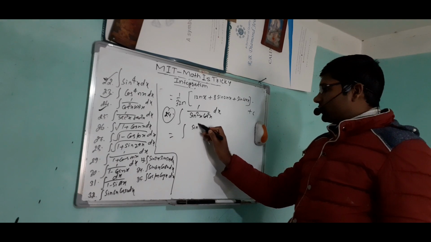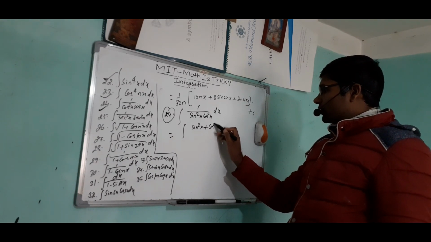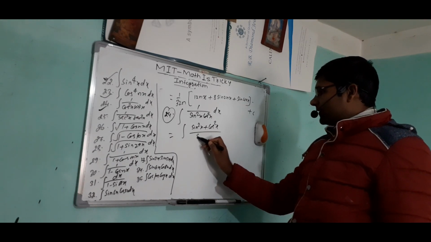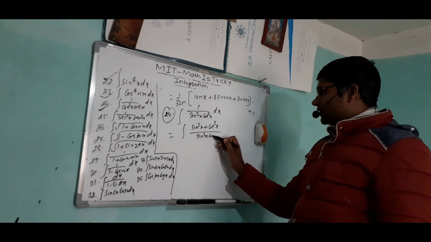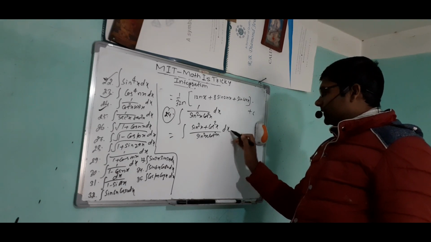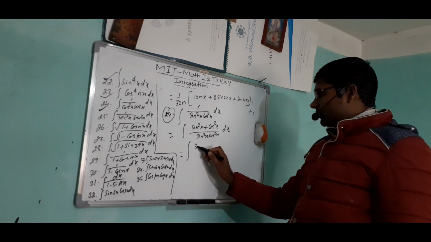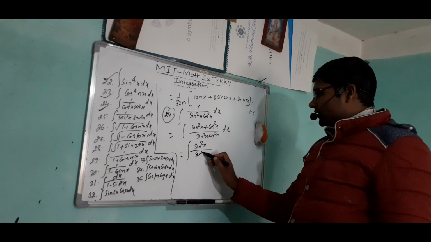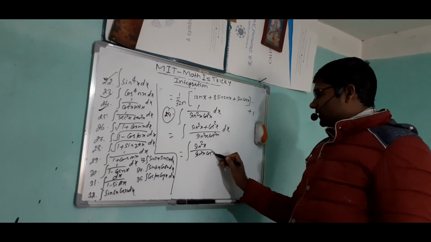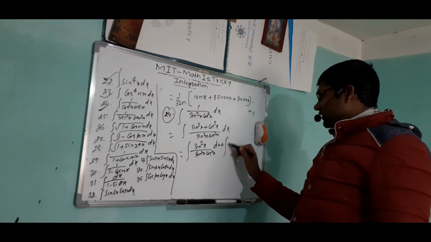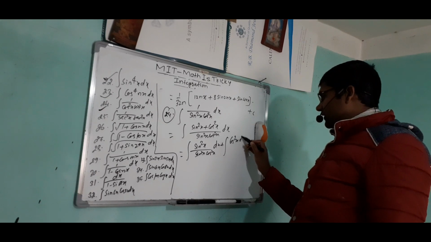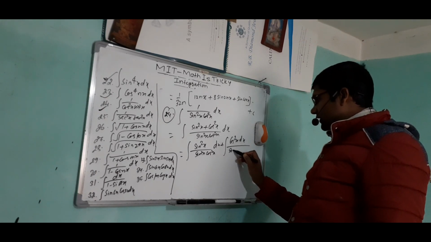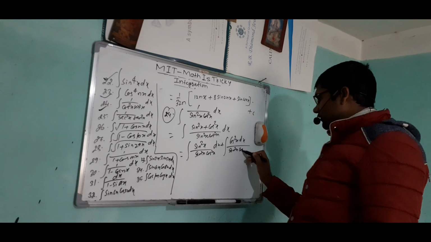So it is (sin² x + cos² x)/(sin² x cos² x) dx, and let's separate this. You will get sin² x/(sin² x cos² x) dx plus cos² x/(sin² x cos² x) dx.